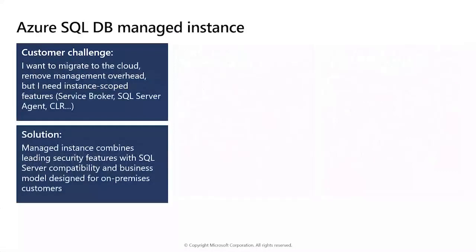Now, a business might also want to eliminate the management overhead costs as much as possible from having to administer databases and servers, but because of some of the limitations of Azure SQL Database, it might not be the best option for them. In these kinds of situations, Azure SQL Database managed instance is an alternative to consider. Managed instance effectively allows you to run a fully controllable instance of SQL Server in the cloud.